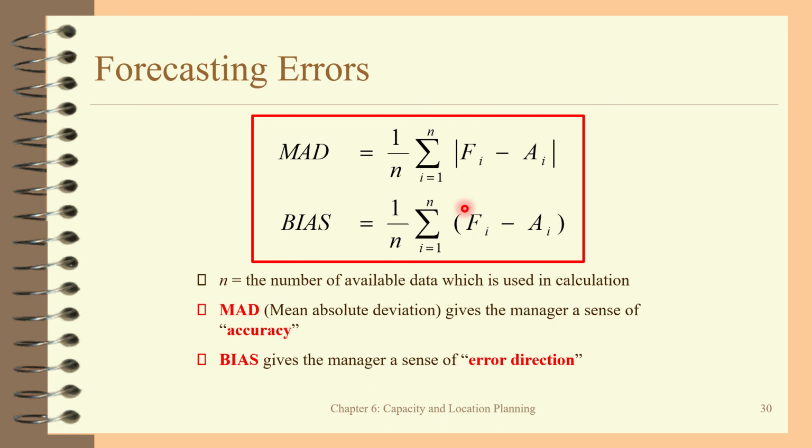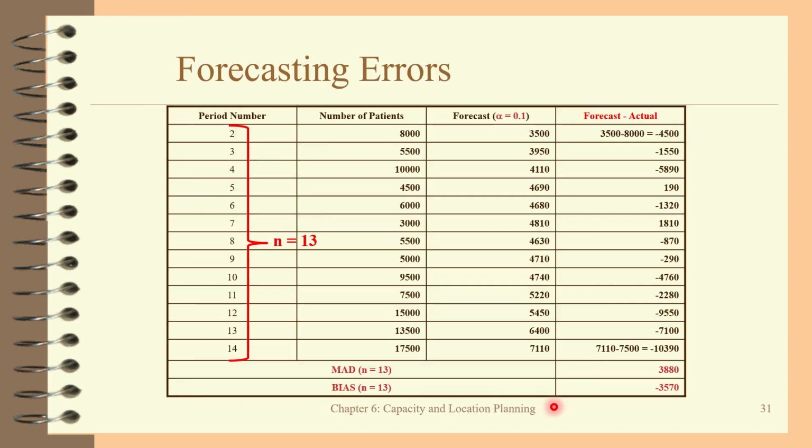But bias, you can have plus or minus, while this one is just positive. Okay, I will show you how to do it. The closer to 0, the better the forecasting method. All right, suppose we have two approaches to compare.